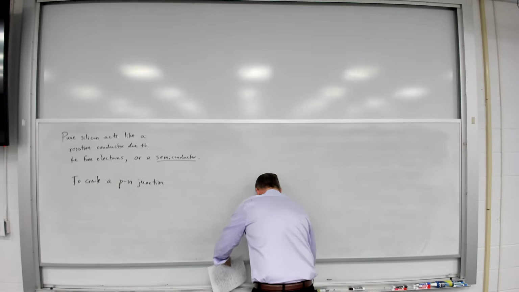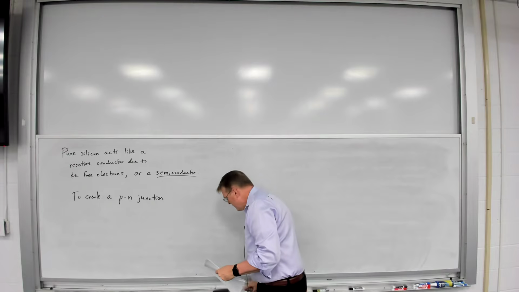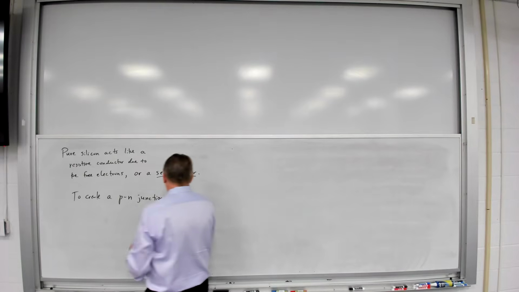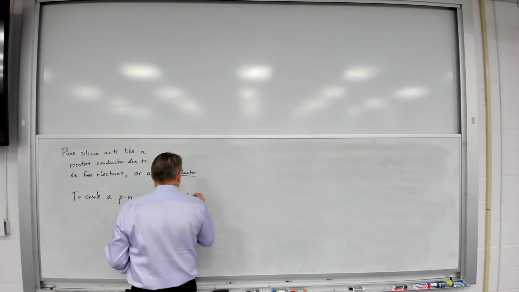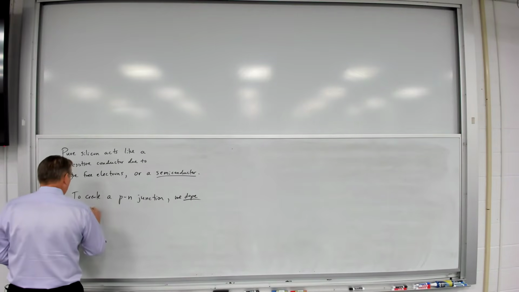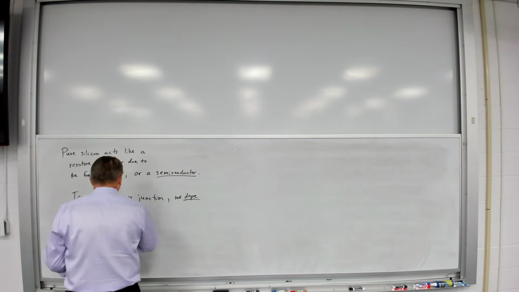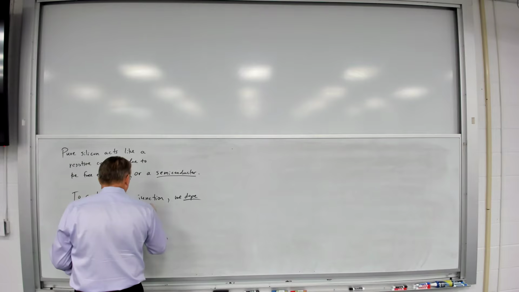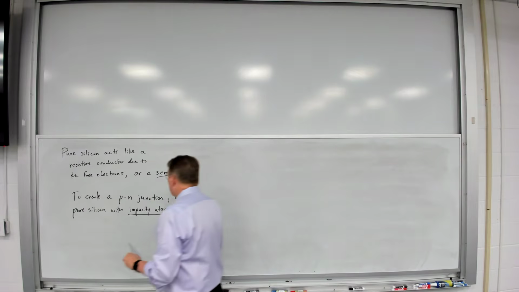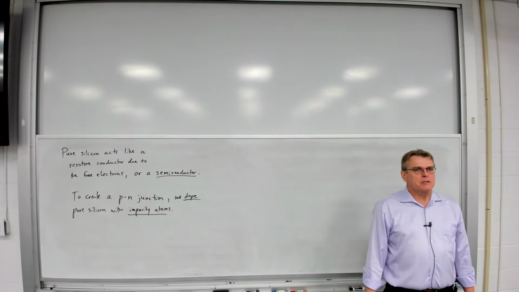So to create a p-n junction, we're going to do a technique called doping. We're going to deliberately introduce impurity atoms into that semiconductor lattice, into that silicon lattice.